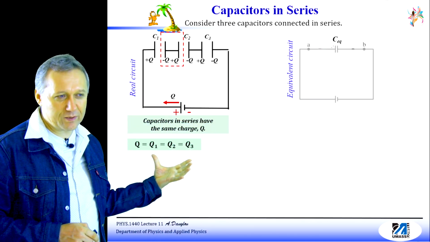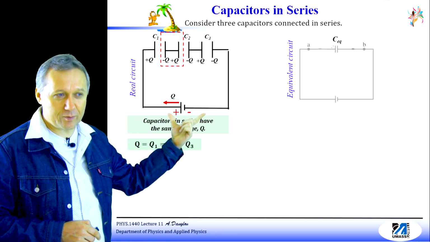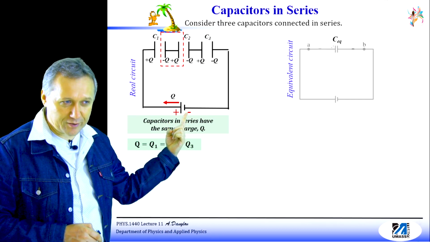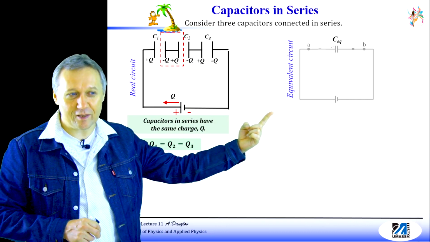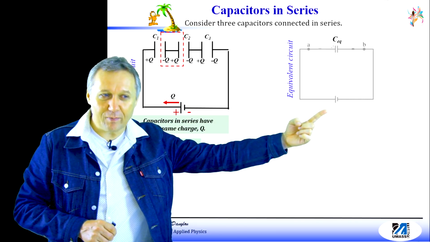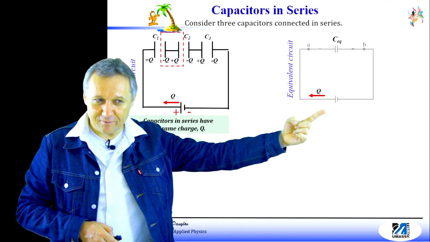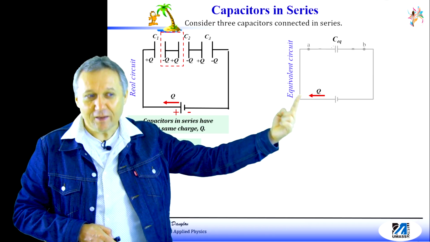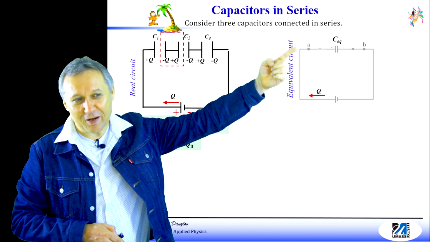Just now we came to this conclusion that charges in all these capacitors equal the charge taken from the battery. But also at the same time, I told you that in the equivalent circuit, that battery must work in exactly the same way. It means that exactly the same delta V and exactly the same amount of charge must be taken from the battery. Now, where does this charge go? To the equivalent capacitor.